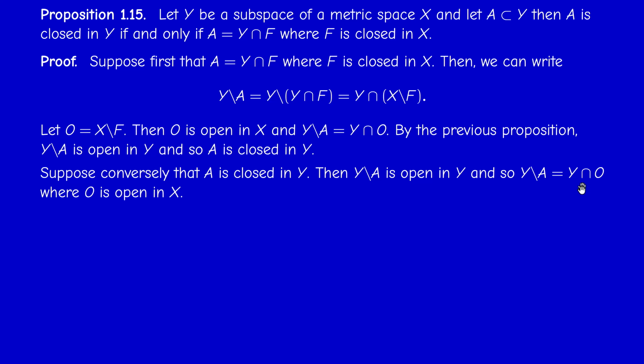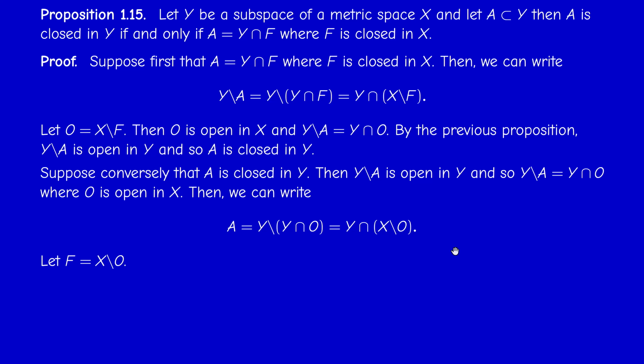Again, we use it twice. Therefore, A is the complement in Y of Y intersected with O, and once again, this is Y intersected with the complement of O in X. If I denote the set X without O by capital F, then F is closed in X because it's the complement of an open set in X. And we can write A as the intersection of Y and F.